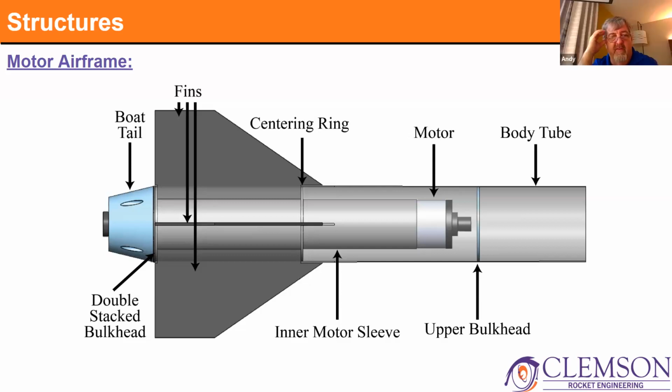Okay. What is the thickness of those centering rings, and how are you affixing those to the body tube? They are both 5mm carbon fiber, and this whole inner structure is all attached together.